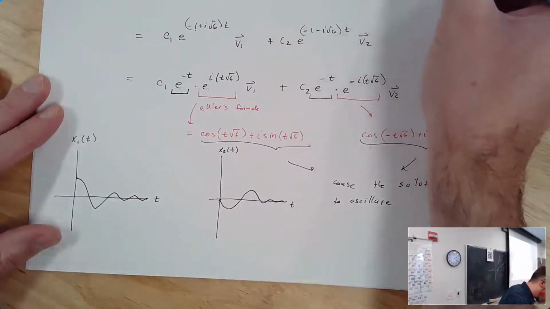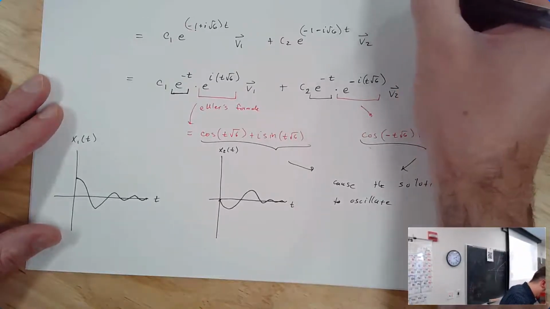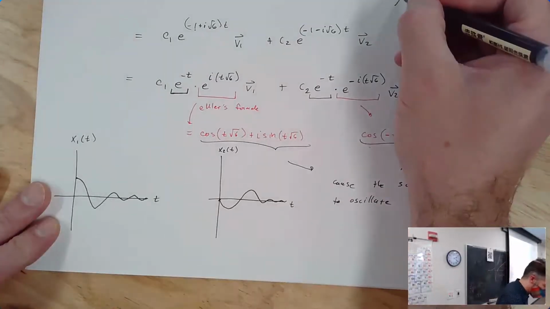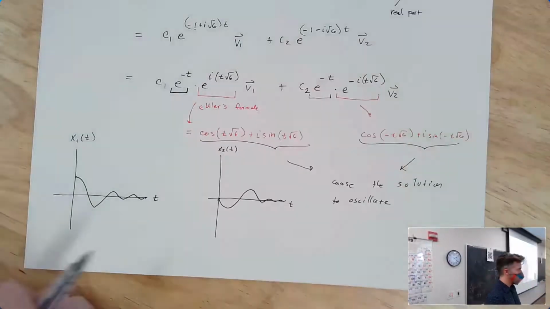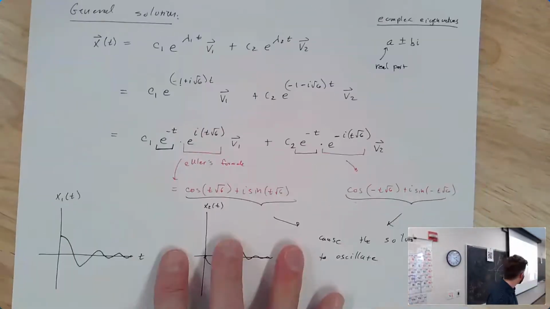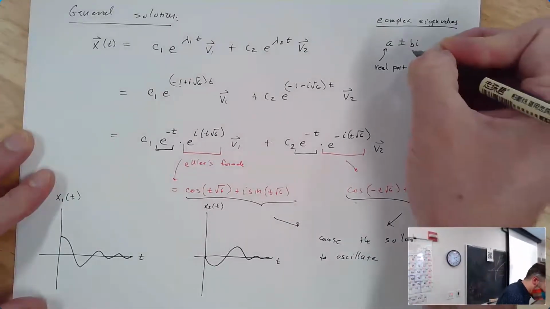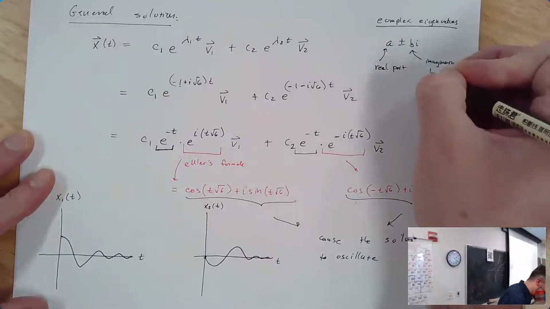So whenever you have eigenvalues that are complex, they always come in conjugate pairs, meaning whatever a is, it doesn't change. The real part is always the real part. So if the real part's positive, you're going to have an unstable equilibrium. And if the real part's negative, you're going to have a stable equilibrium. It doesn't matter what the imaginary part is, just that there is one.